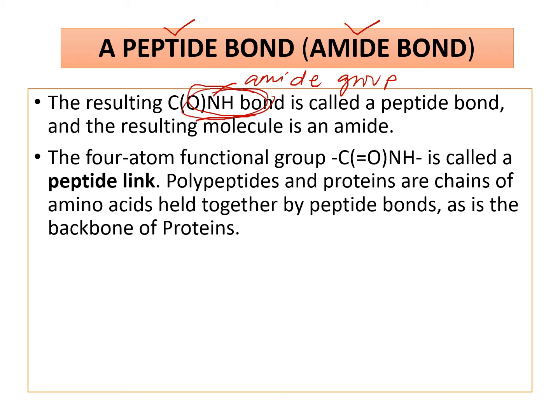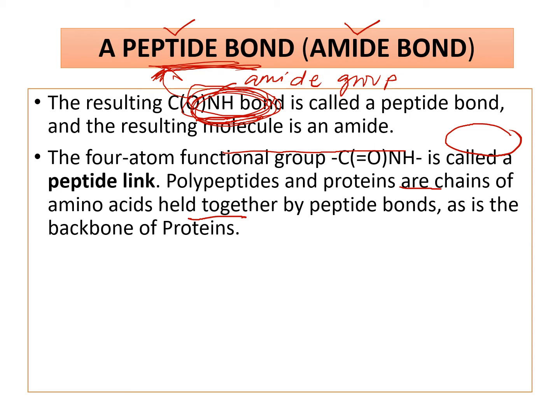This one, again, is known as an amide bond, which can also be called a peptide bond. The resulting molecule is an amide. So you have there C double bond O and N-H. That is the molecular formula for an amide group. The four-atom functional group C double bond O and N-H is called a peptide link.